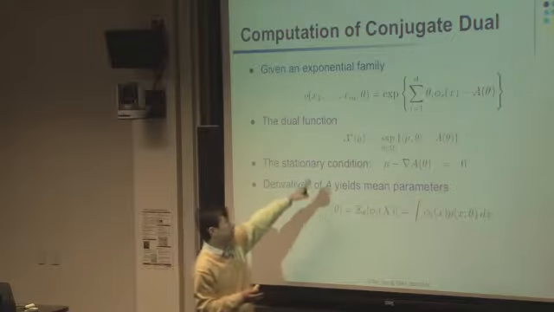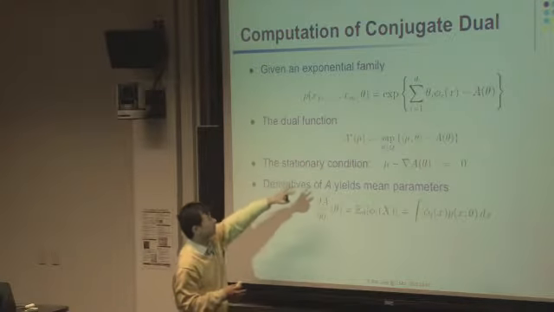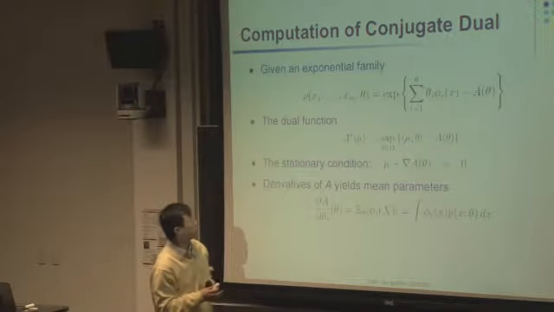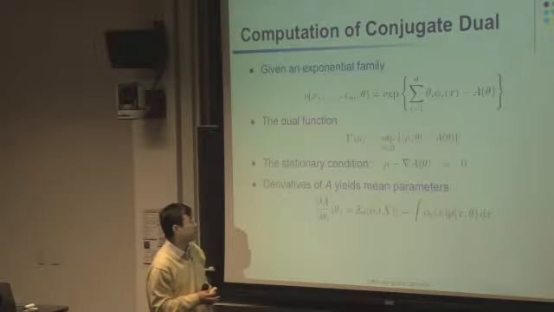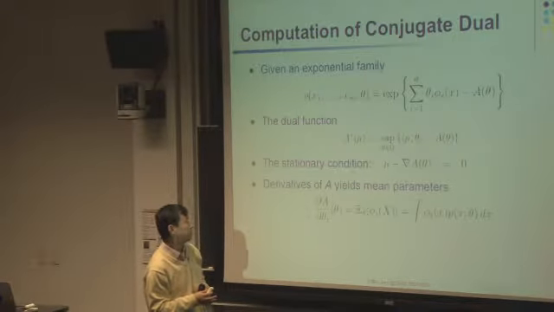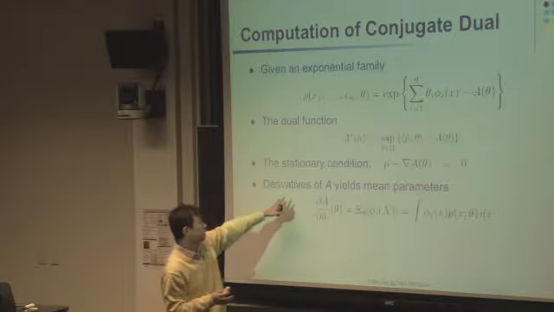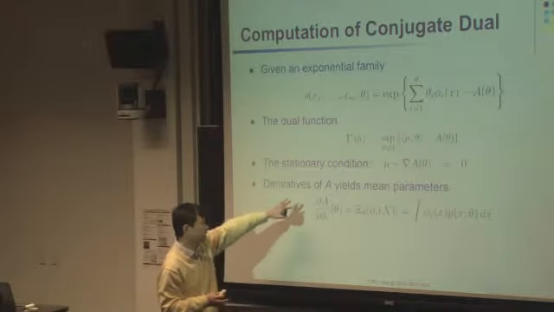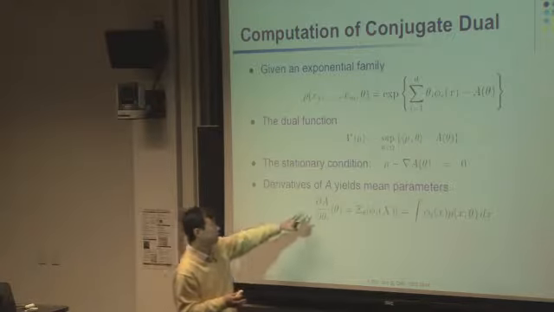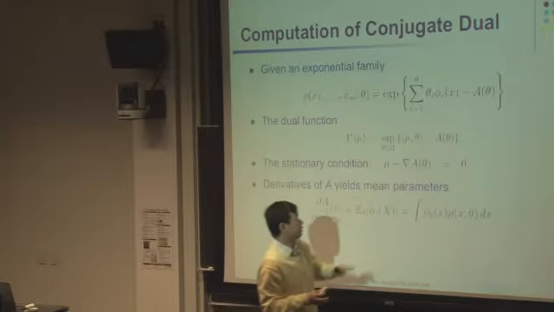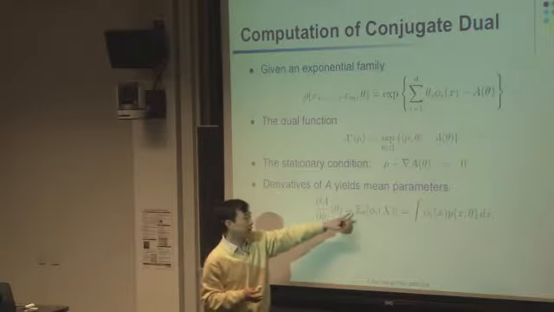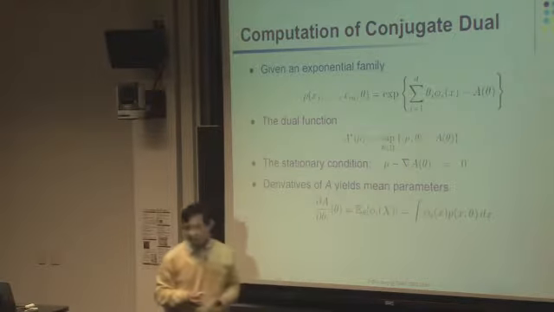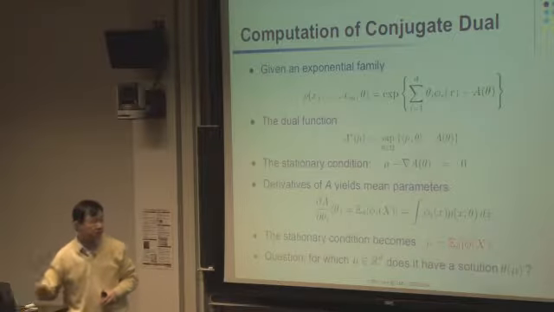You look at this dual function, you identify the stationary condition, and then you compute the derivative using some closed form, and this gives you the expected sufficient statistics.